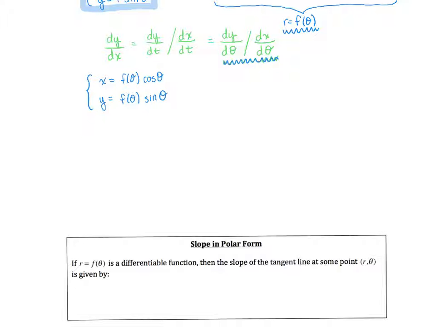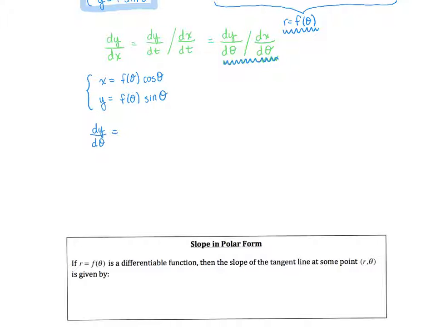So in this case, dy d theta is, now hopefully we realize that we actually need product rule here. f of theta times cosine theta, that's two functions of our variable theta being multiplied together. We need product rule. Luckily, it's just product rule, not quotient rule.